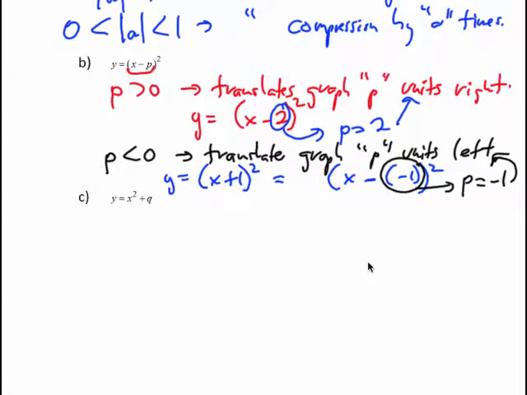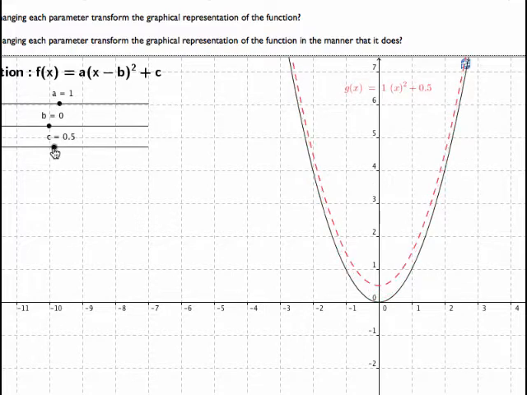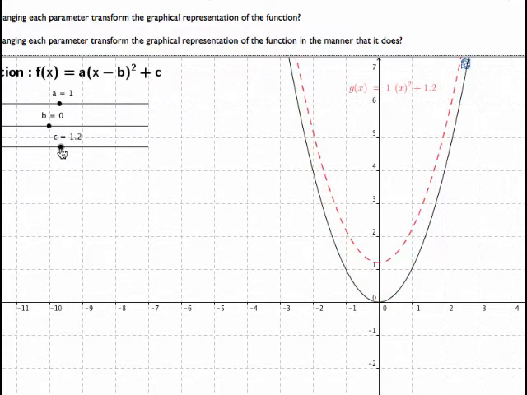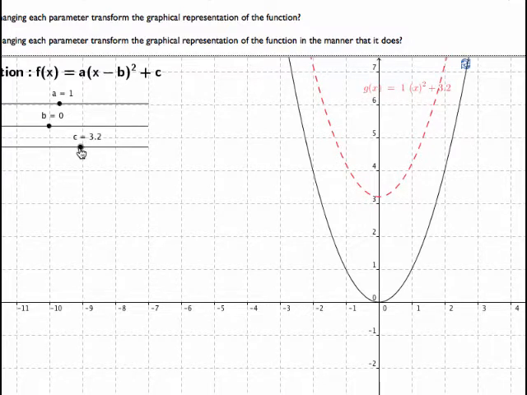The final influence we want to look at is adding a constant q to the end of the equation. And in my applet, that's represented by c. So let's go to positive values of c. And what you'll see is the graph is translating vertically up and down. If I go up to a c value of 3, x squared plus 3, my graph has shifted upwards 3 units.